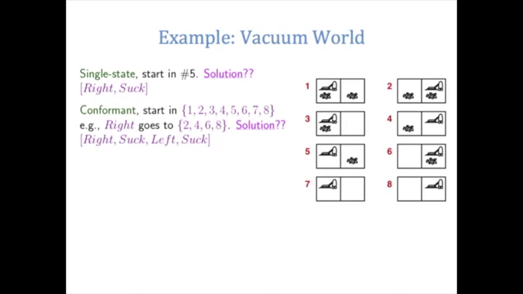Now, if we're in an even-numbered state and we're already on the right, then the first action doesn't matter, and we'll stay where we are and suck up the dirt. Then we'll move left and suck up the dirt, whether it's clean or not. If we start out in one of the odd-numbered states, we'll move right before sucking up the dirt, but at least we know that we'll make it back.